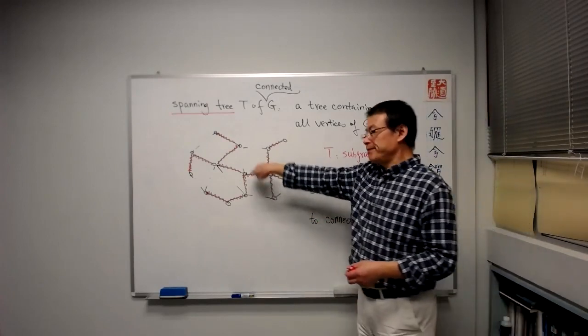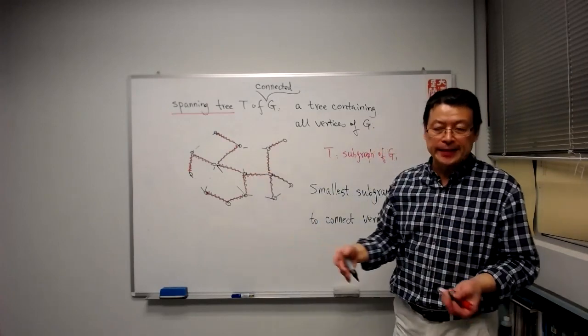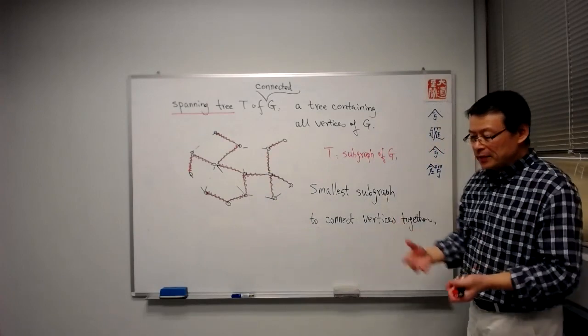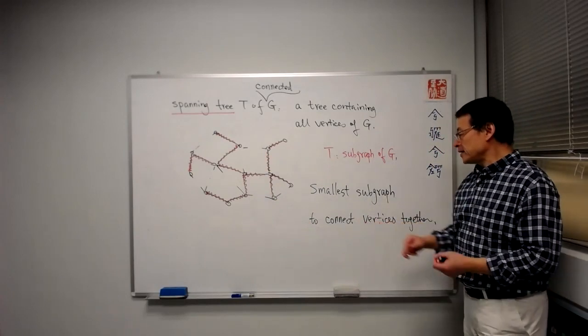If we delete one more edge, then the graph will be disconnected. So that's the minimum requirement for a connected graph.